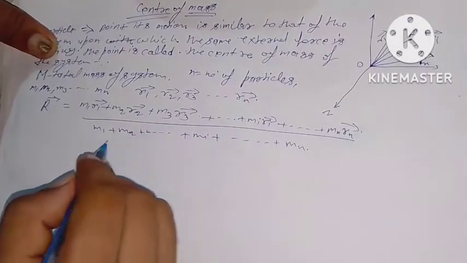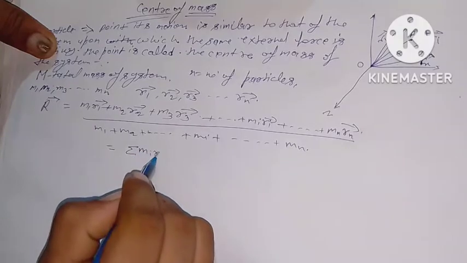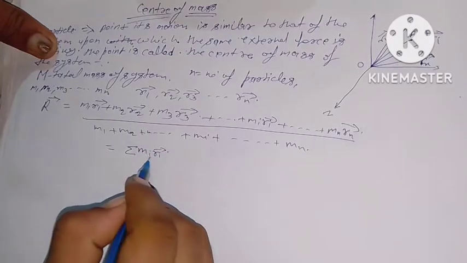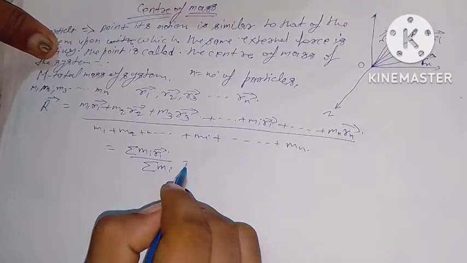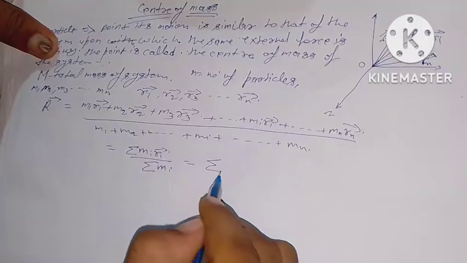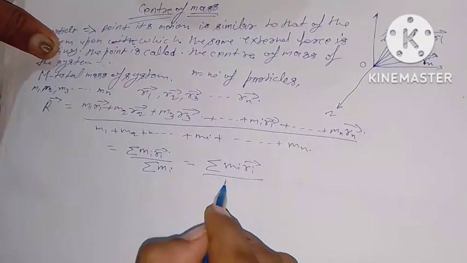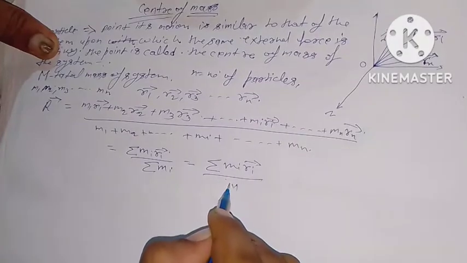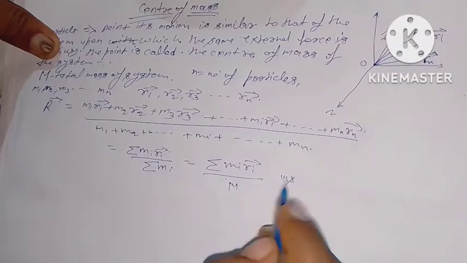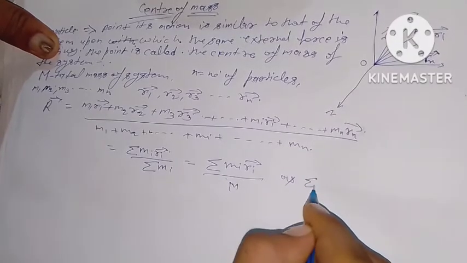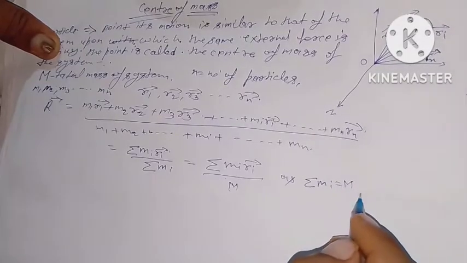That is, R vector equals sigma mi ri vector upon capital M, as sigma mi equals capital M, the total mass of the system.